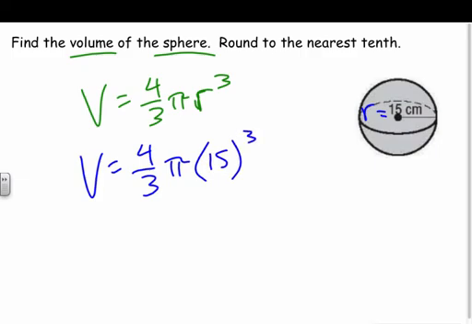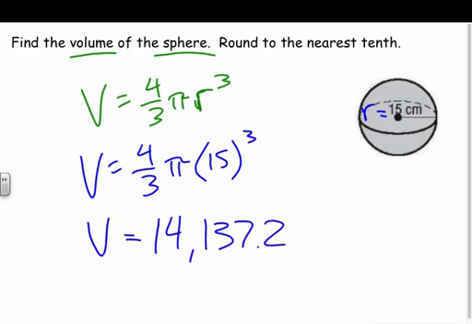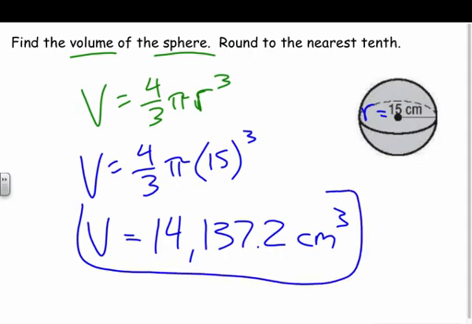If you're going to use your fraction, I might put it in parentheses, or you might have to put 4 divided by 3 in parentheses there, times pi times 15 cubed. Let me know if you need some help tomorrow when you type this in. But I get 14,137.2 centimeters. Well, it's volume, so cubed.